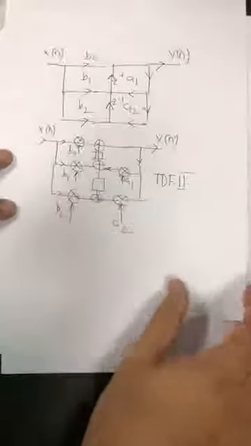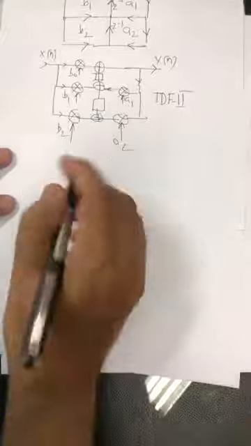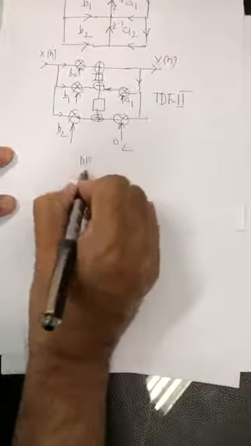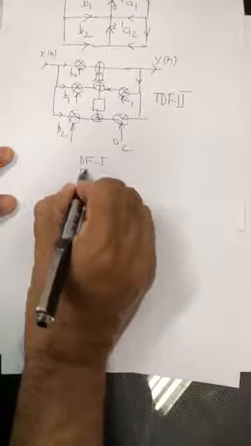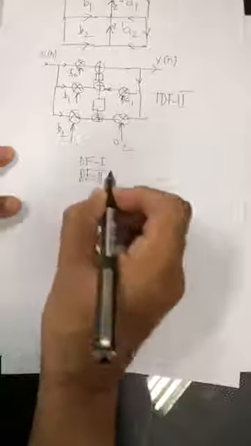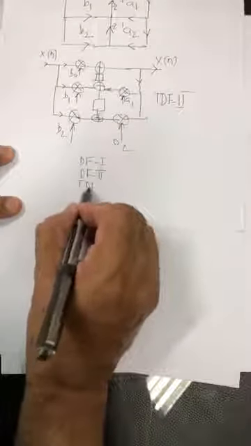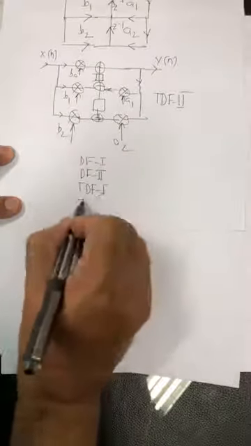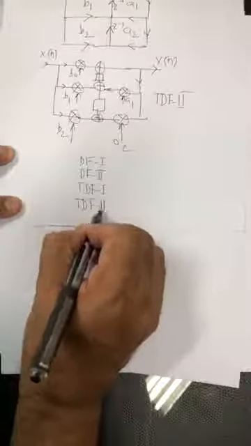So primarily there are 4 implementations: direct form 1, direct form 2, transpose direct form 1, transpose direct form 2.